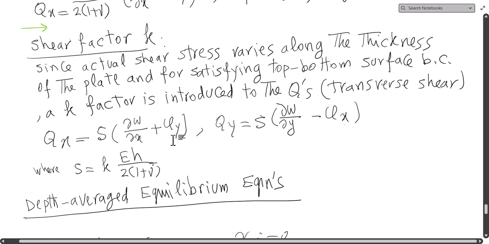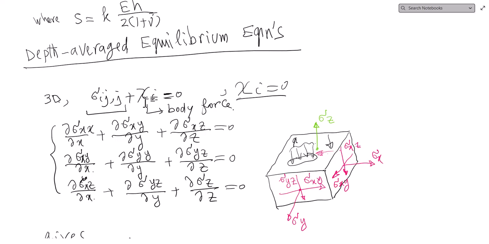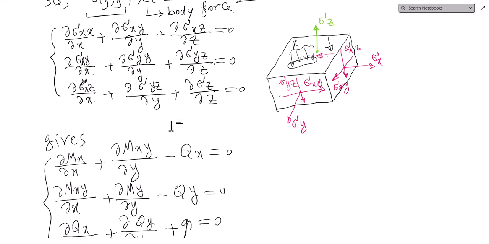So now this is the catch. These stresses should satisfy this equation, and chi is a body force. If we let chi be 0, then we get these three-dimensional elasticity equations. Now we come here and average them, meaning integrate these equations along z after multiplying the first two by z, and the third one we just integrate.